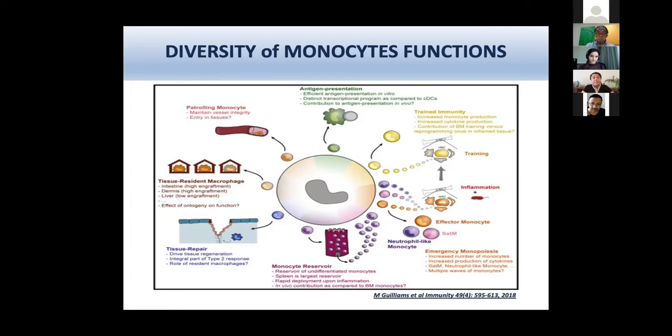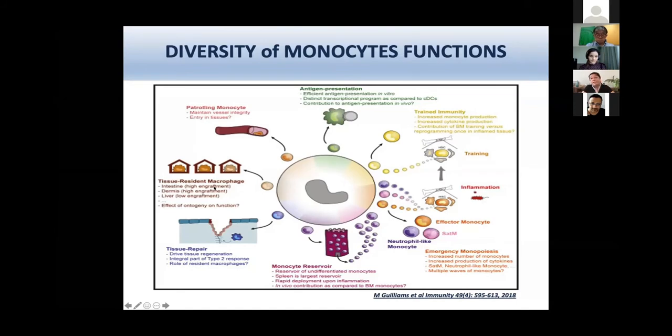There are, of course, some different types of monocytes that are not really part of the classification now, but there are neutrophil-like monocytes that act like neutrophils. There are papers about this. They are very helpful for tissue repair.